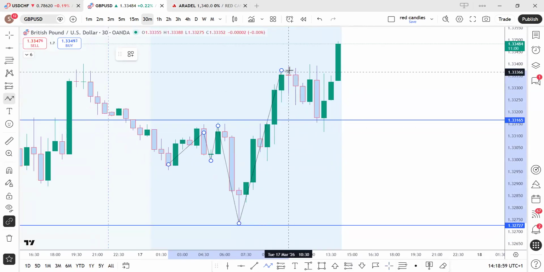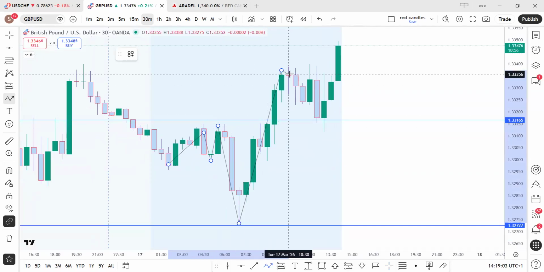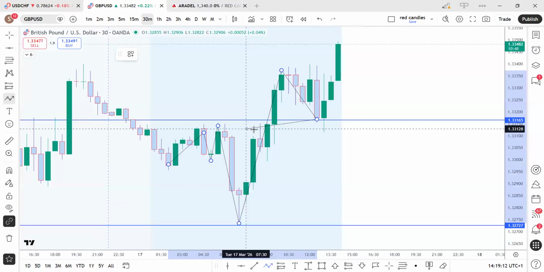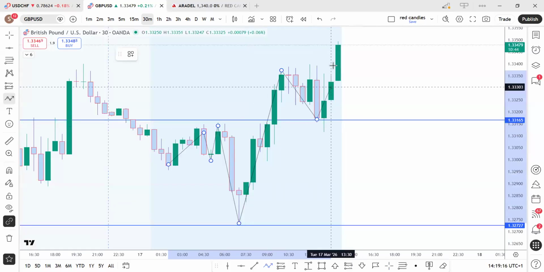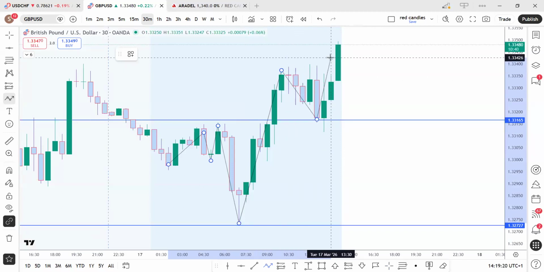And once it gave you this break of structure, so you can see these breaks of structure here, what do you expect next? You expect a pullback. You can see it over and over and over again. Once you get a break of structure, you expect a pullback, and then on that pullback you expect price to push up again, potentially breaking this structure here and going higher. And it has done that here.